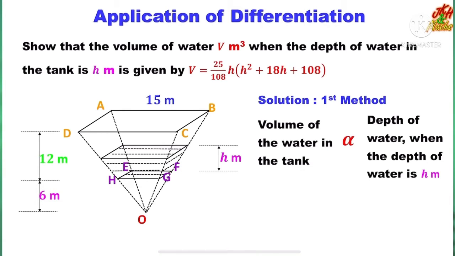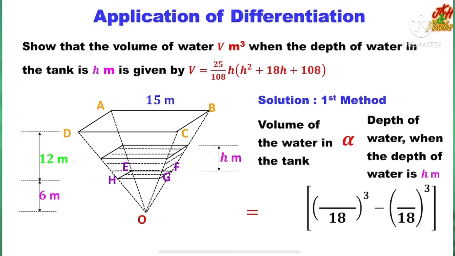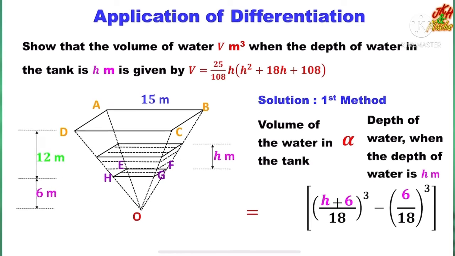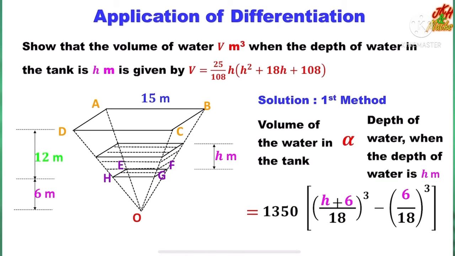Therefore, the ratio of h plus 6, where 6 is the height below the water tank until the vertex of the pyramid, to 18, the total height of the complete pyramid, cubed, minus the ratio of the pyramid below the water tank with the height of 6 to 18 cubed, multiplied with the total volume of the complete pyramid, which is 1350.